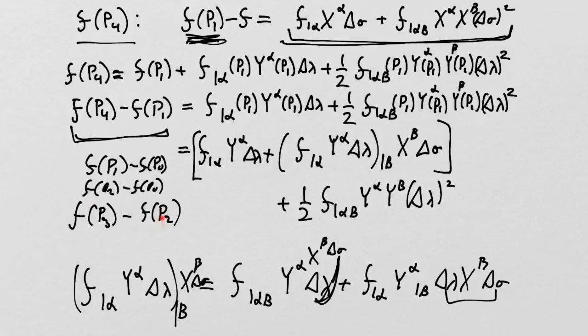And fp3 minus fp2 is going to look very similar, except again the y's are exchanged for the x's, and the delta lambdas for the delta sigmas, and vice versa. And then you subtract everything, and you throw away all the higher order terms, anything higher than second order. And what do you finally end up with when you do that?